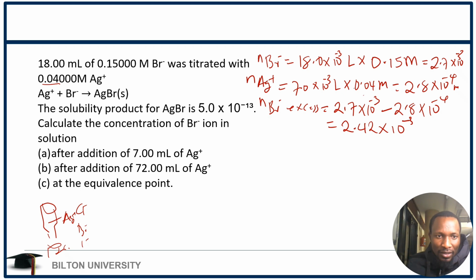So for us to get the concentration of bromide ion in part A, we are going to divide these excess moles of bromide ion by the total volume in the conical flask.